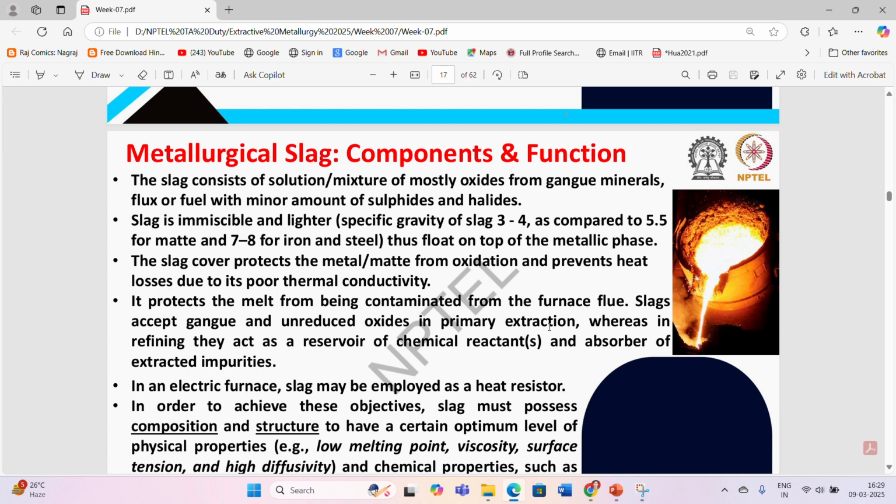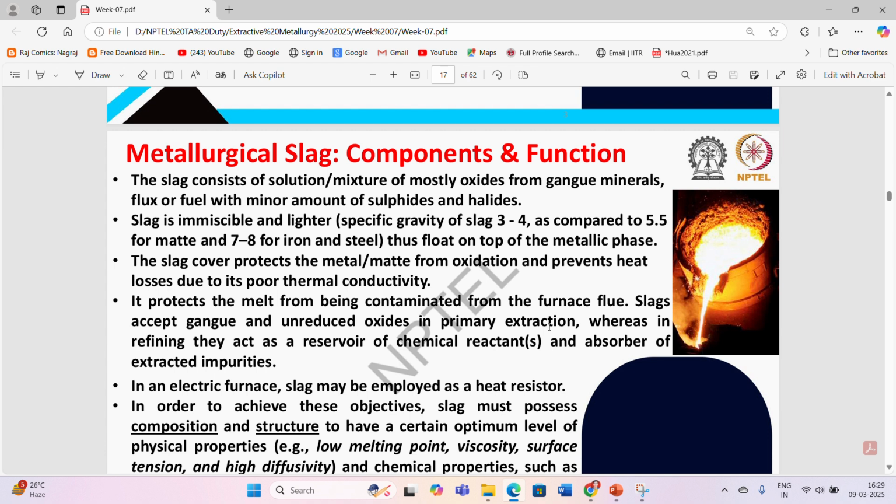And for facilitating the proper reaction or proper slag making, we are adding some flux material also during the process, in the form of dolomite or limestone. That helps in lowering the melting temperature of that particular slag material and forming an immiscible liquid so that it cannot report to the hot metal phase.